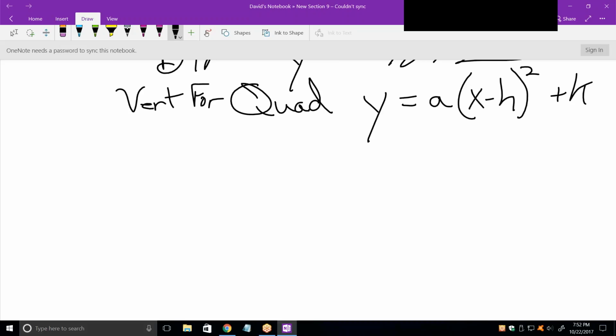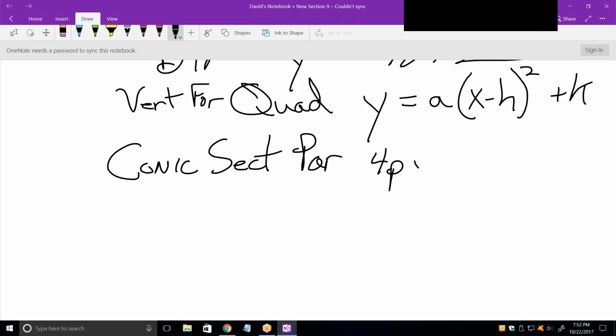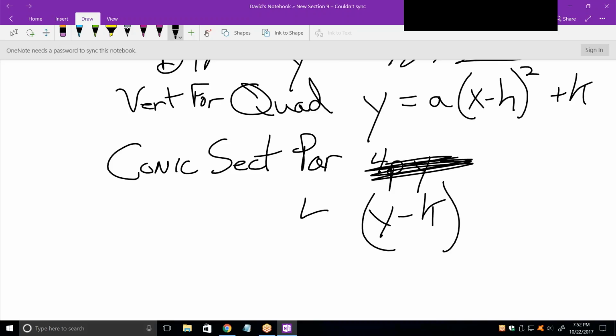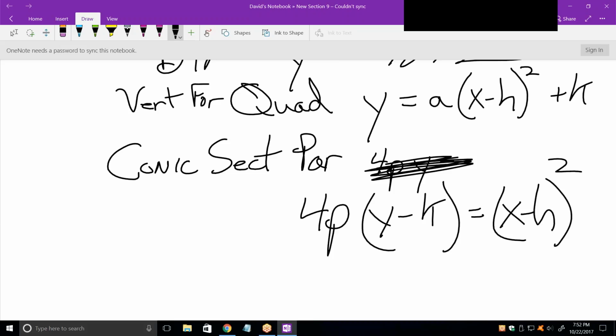Well, when you get to conic sections, which is what you're talking about now, conic sections parabola, the format is this. Now, these may look drastically different, but they really aren't.